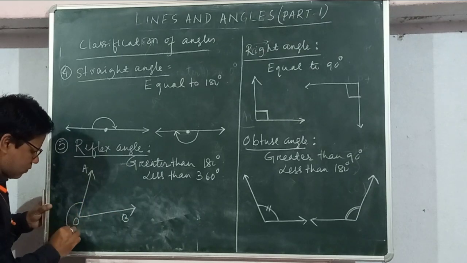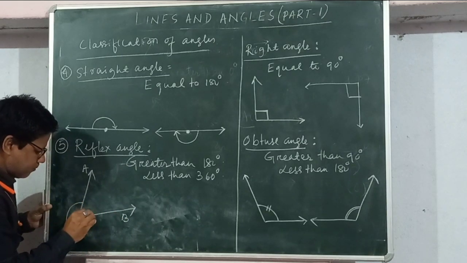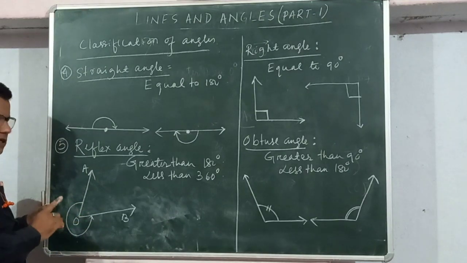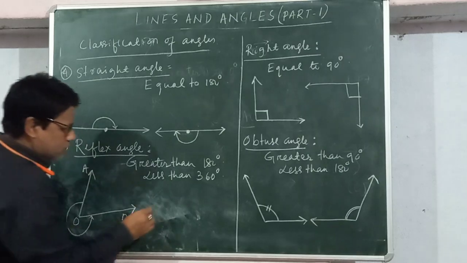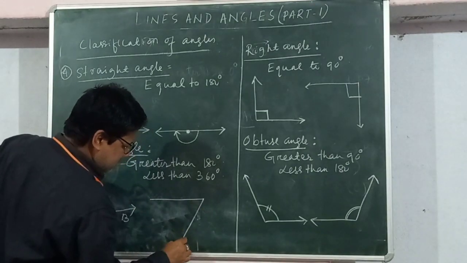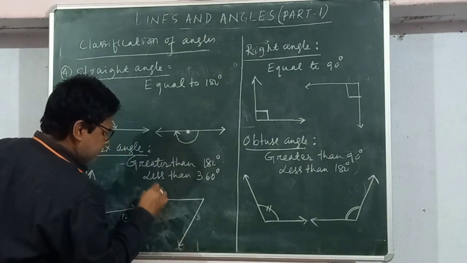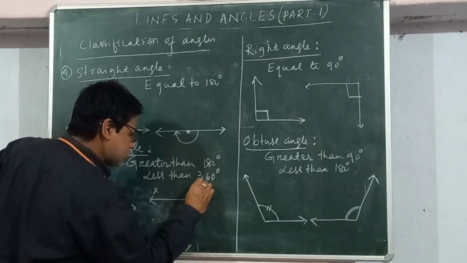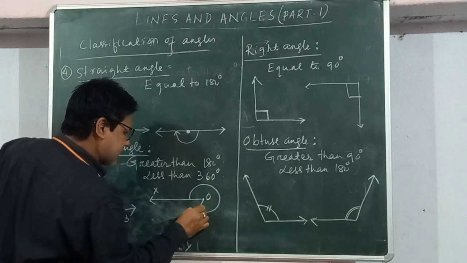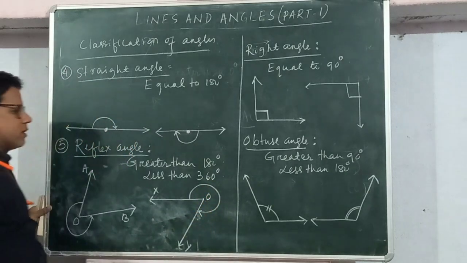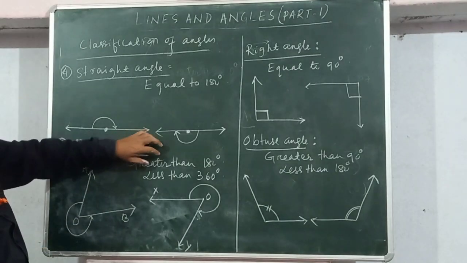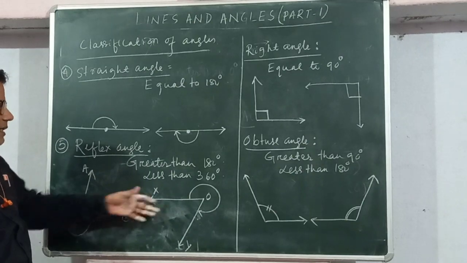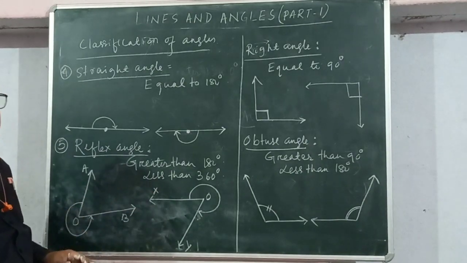Then this measurement of this angle is known as the reflex angle of AOB. Suppose I am drawing an angle XOY. So this is the reflex angle of XOY. So the reflex angle of an angle is greater than 180 degree but less than 360 degree.